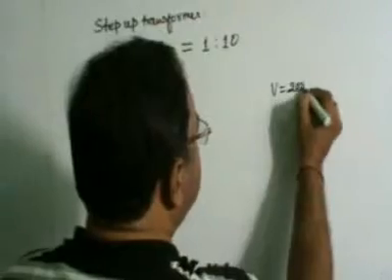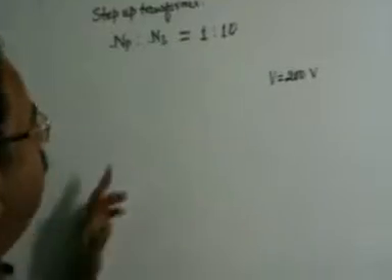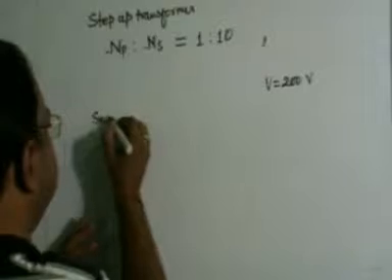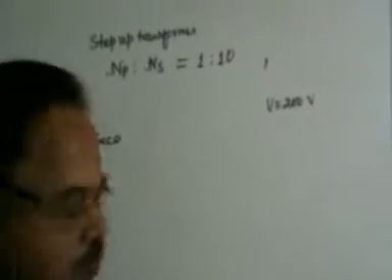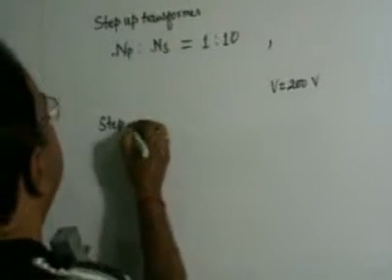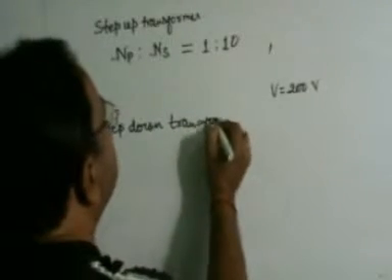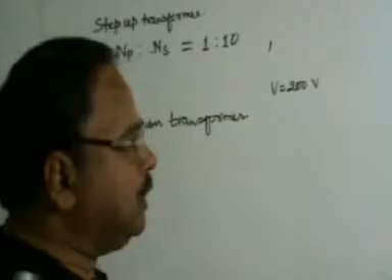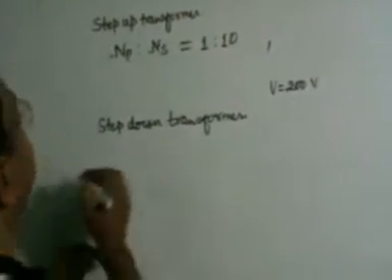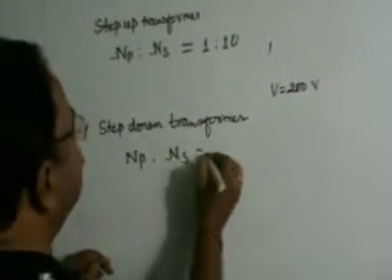V is equal to 200 volt. We have to supply power at 200 volt, and in the step down transformer we have to calculate the ratio of primary to secondary, NP to NS. What is it equal to?